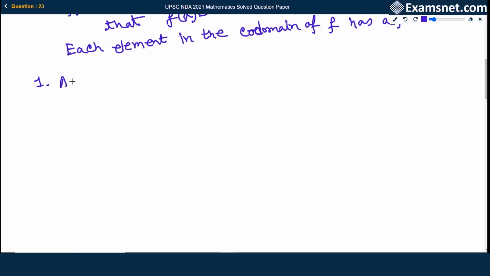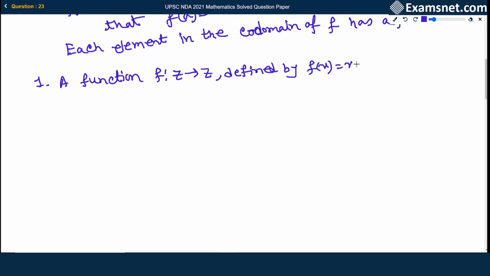A function f from Z to Z defined by f(x) equals x plus 1 is 1-1 as well as onto, right?